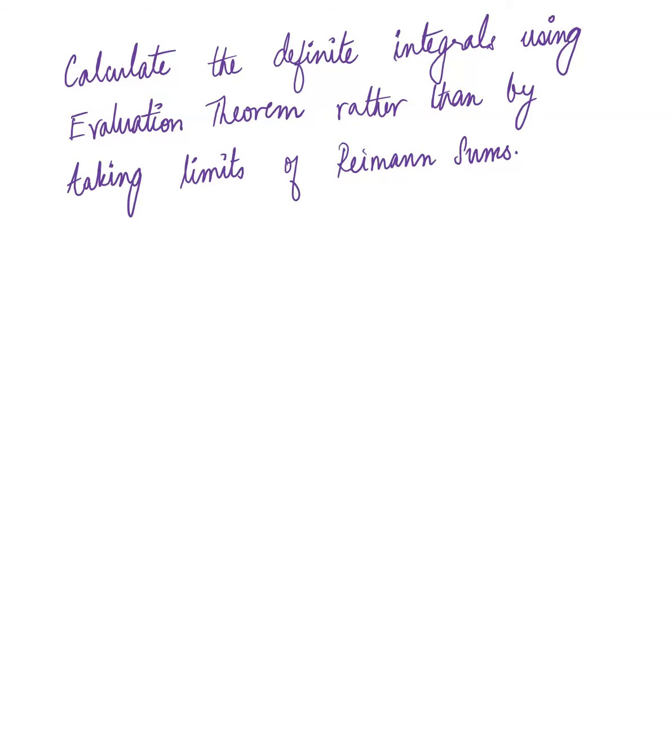We did it using the Riemann sum, which was the limit of the sum of the areas of these rectangles. So that, as you know, was quite cumbersome for us to do. So they're saying don't do that, rather use evaluation theorem, because it's going to make it so much easier. Okay, so here's the first problem.